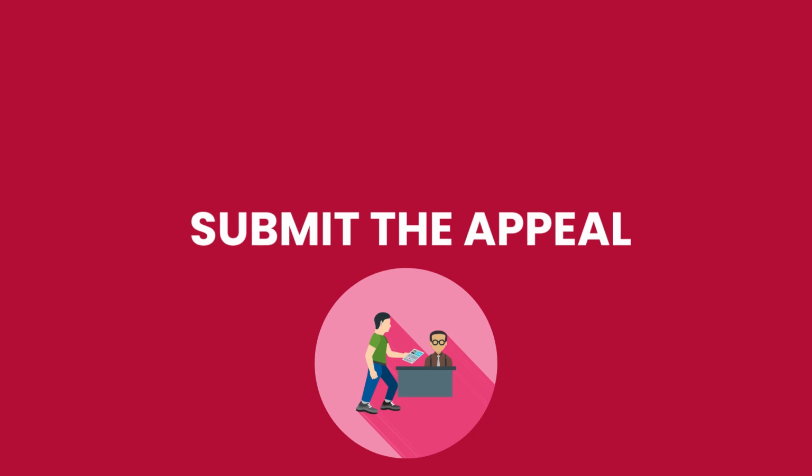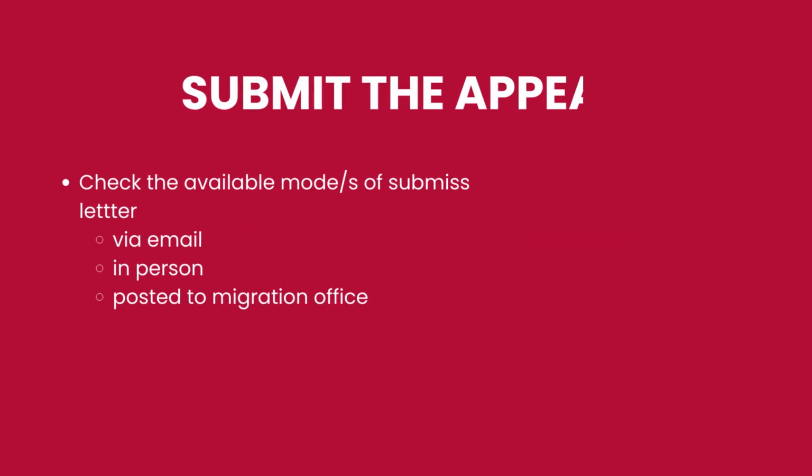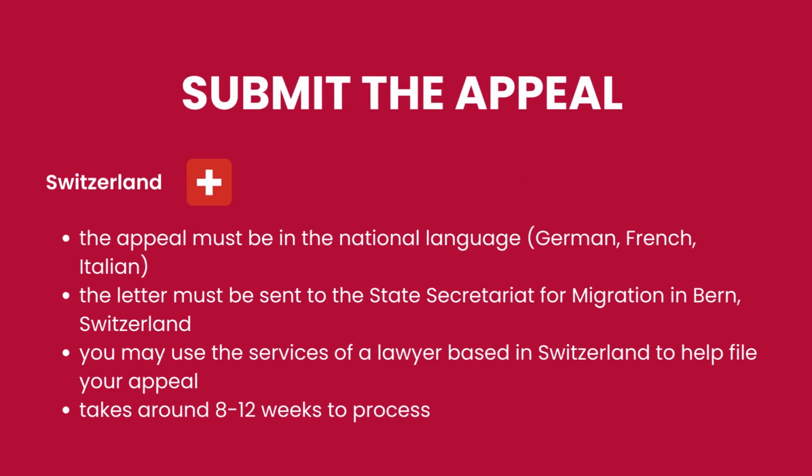Next, submitting your appeal. The appeal can be submitted in different ways as well. Some embassies allow you to submit the appeal via email, some in person, whereas others, like France and Switzerland, ask you to post the appeal letter to the migration office. So, for example, Switzerland.